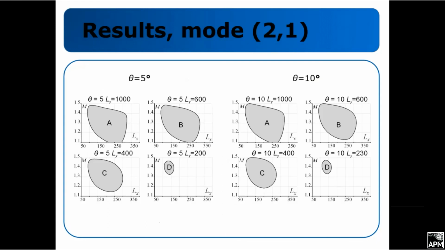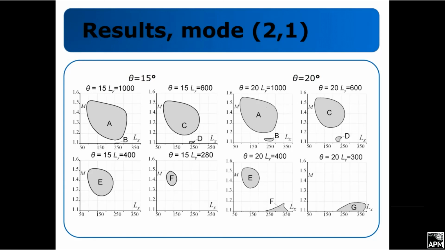And for the second mode, at a small value of yaw angle, the results are close to the results at zero yaw angle. At large Ly, there is a region of single mode flutter for the second mode, and with decreasing Ly, the region contracts to a point and disappears.